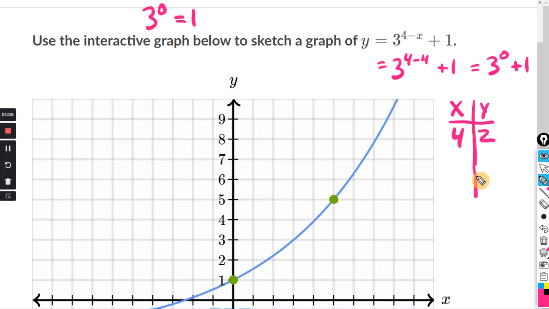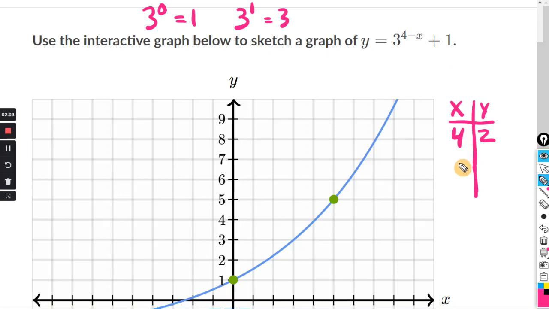All right, so we have 1 point, and let's do one other point because we have to do 2 of them. Another easy one. 3 to the 0 is 1, and we know that 3 to the first power would give us 3. So what value of x would make the exponent equal to 1? Well, that would just be 3 because 4 minus 3 is 1.